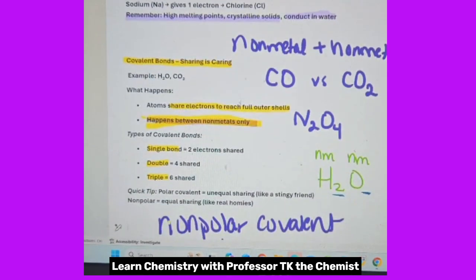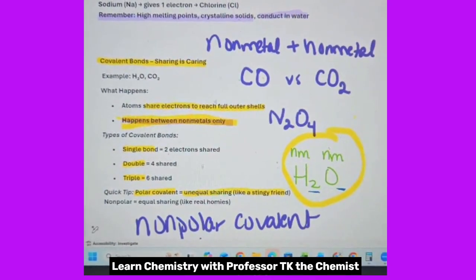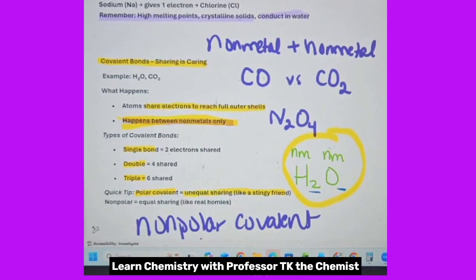Now, as a tip to help you remember this, polar covalent has an unequal sharing of those electrons. So here's an example right here. Okay, I talked about this one earlier. Water is an example of polar covalent compounds or a polar covalent bond.